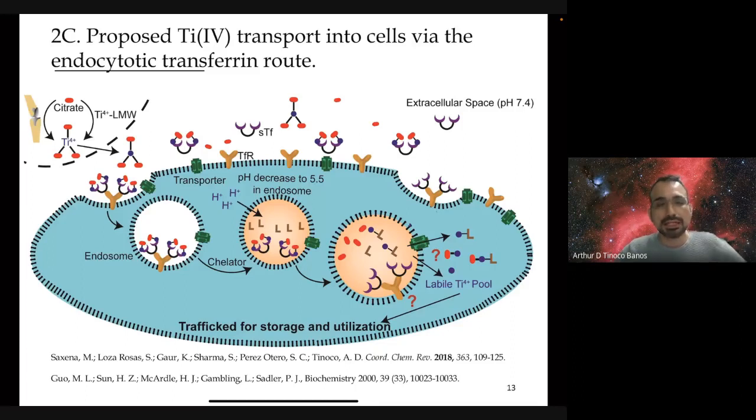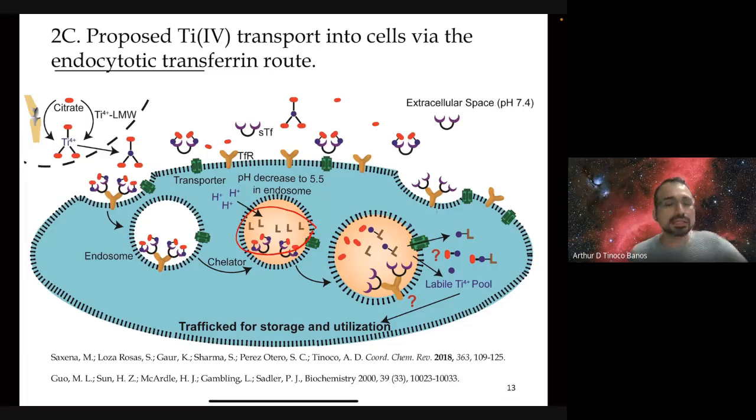And so the key difference between titanium versus how iron is proposed to be delivered into the cellular environment has to do with what occurs within the endosome at a pH of 5.5, where in the case of iron, iron gets reduced to iron 2+, and so that reduction event is believed to be critical for the iron to then be delivered out of the divalent metal transporter.